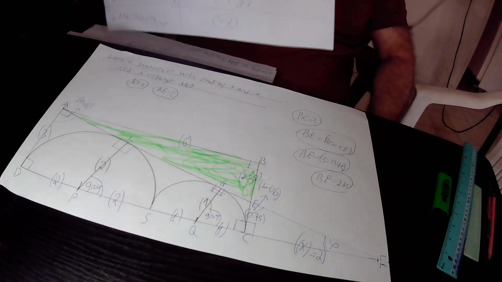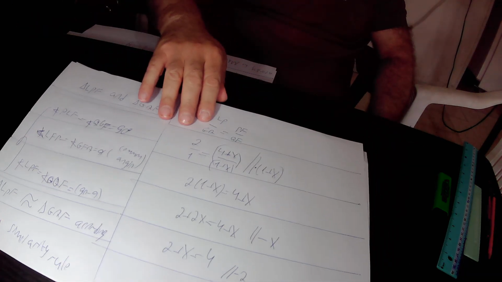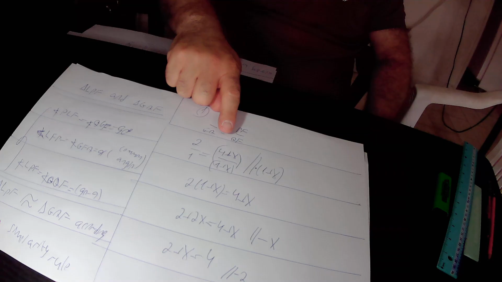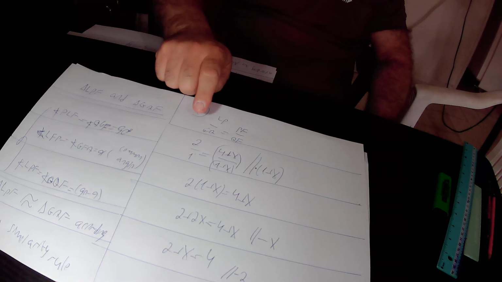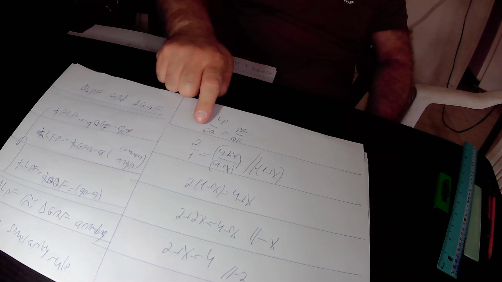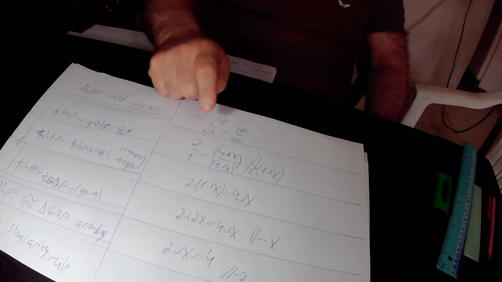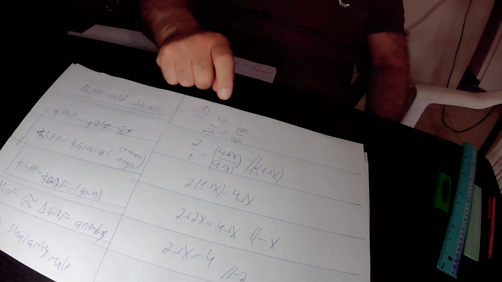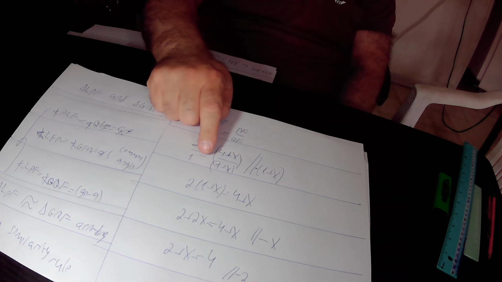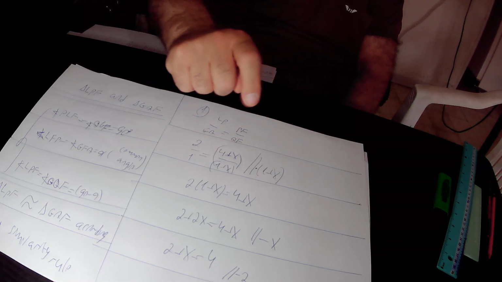So we found out that 2 over 1 equals 4 plus x over 1 plus x. Here we multiply this equation by 1 plus x, and finally find that 2 times 1 plus x equals 4 plus x. Here we open the brackets and find that 2 times 1 is 2, plus 2x, equals 4 plus x.